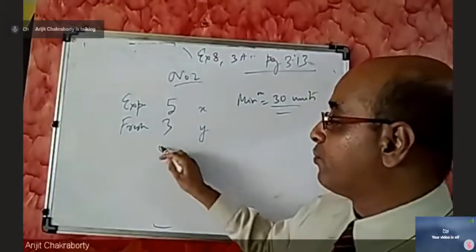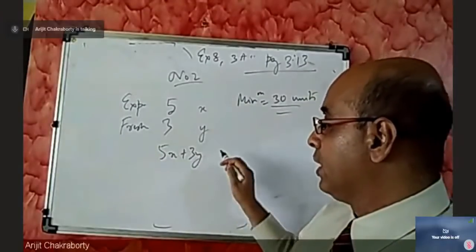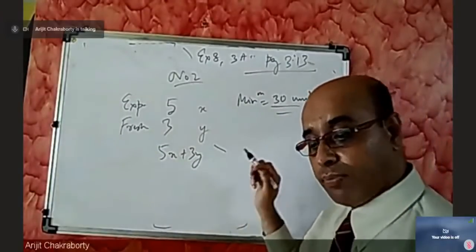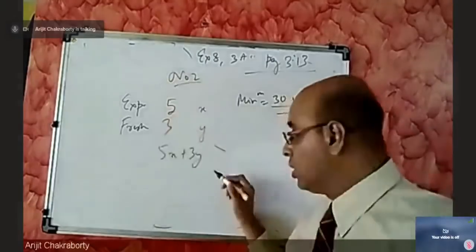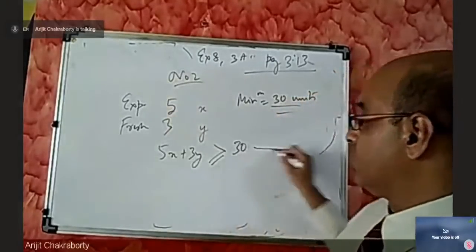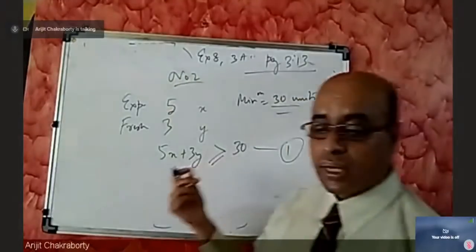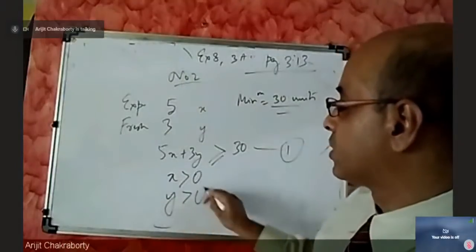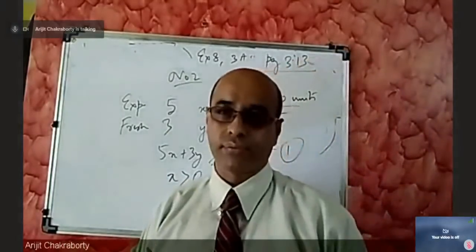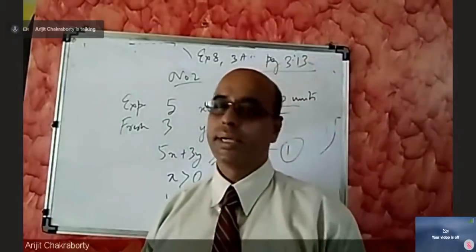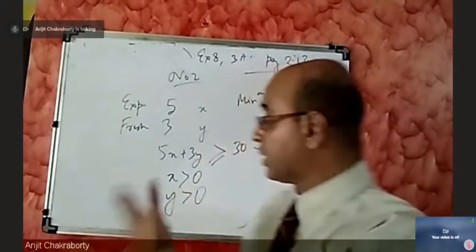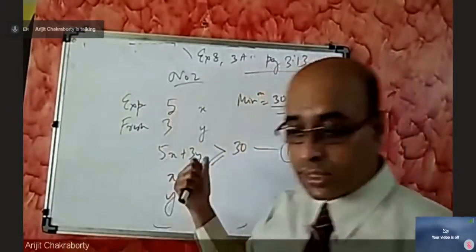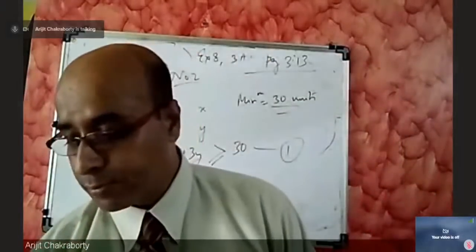So ideally 5x plus 3y should be equal to or more, so greater than or equal to 30. This is number 1. And definitely x needs to be greater than 0, y needs to be greater than 0, because they have to be positive. This is the unit of work, so it cannot be negative or 0, because everybody has to work. So this is the optimization for this particular problem.